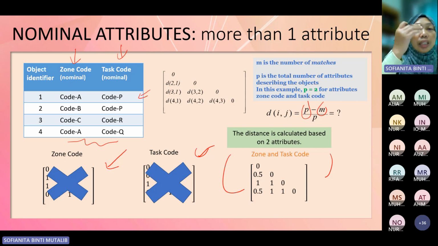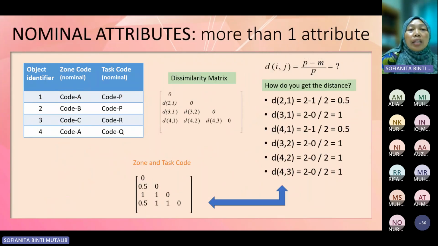I'm also not going to repeat this because it has been discussed. If we compare this and this, clearly there is only one match. This one is not matched, so the number of matches is equal to 1, whereas P is equal to 2 attributes. You can try it again later if you can't remember.